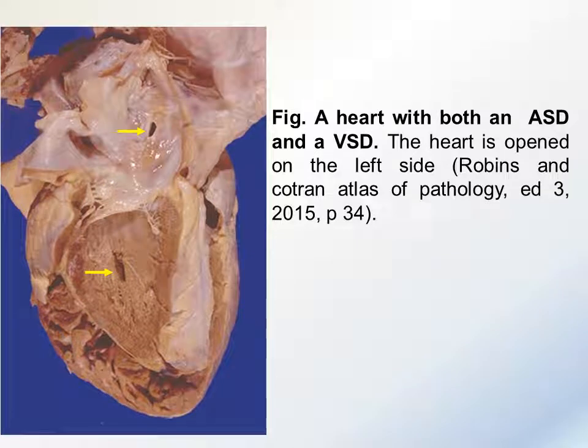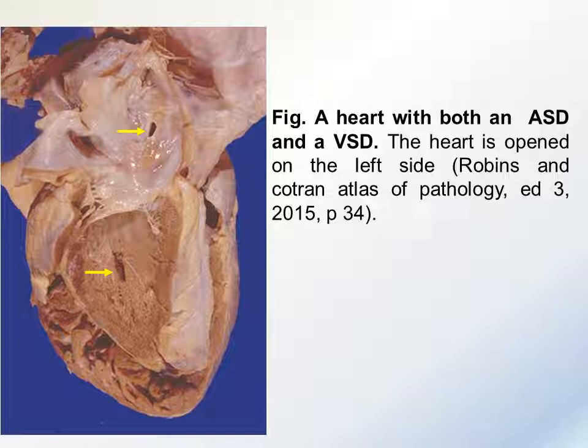The next slide shows a heart with both an atrial septal defect and a ventricular septal defect, as denoted by yellow arrows. For the morphology, ostium secundum ASDs are typically without other associated cardiac abnormalities.